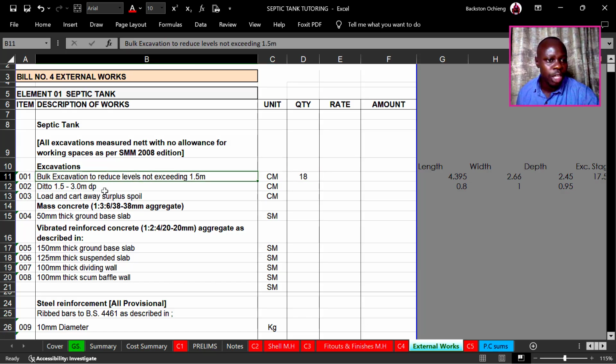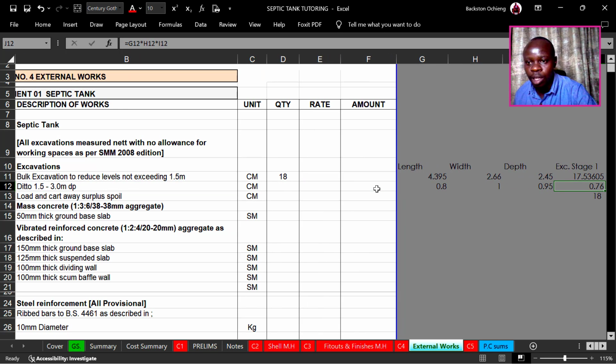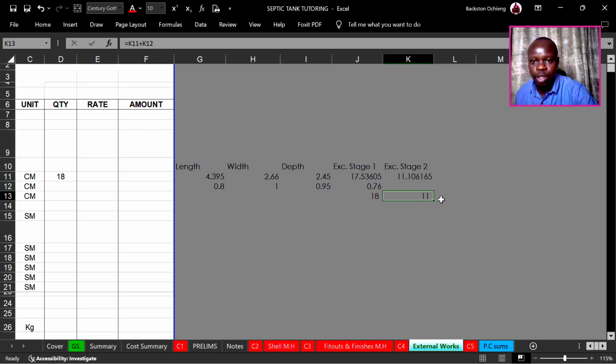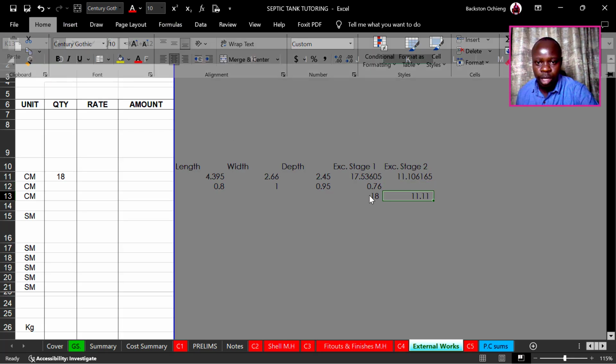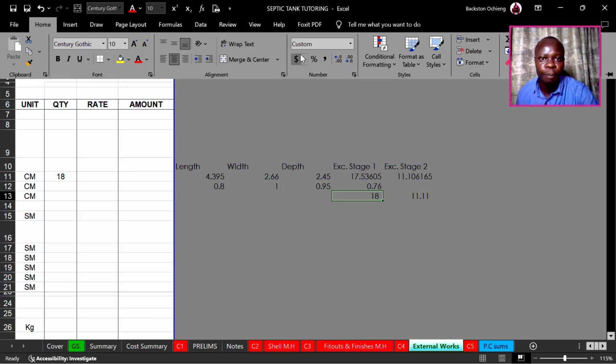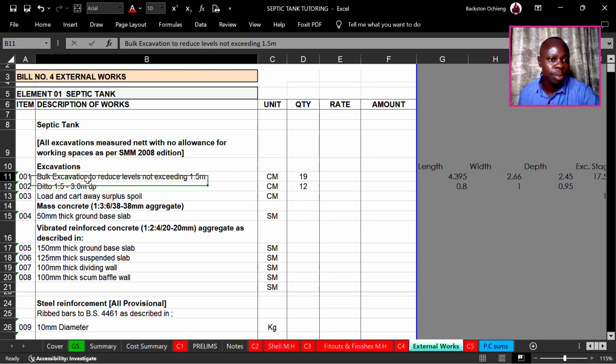Stage 2 is from what we've calculated. I believe we do it this way so that we can round up. So this one is 19. We take 19 for stage 1 and 12 for stage 2. It's always advised that you round it up to the next whole figure.